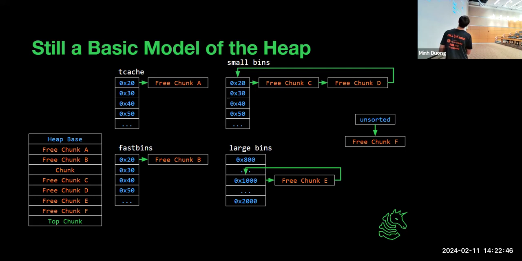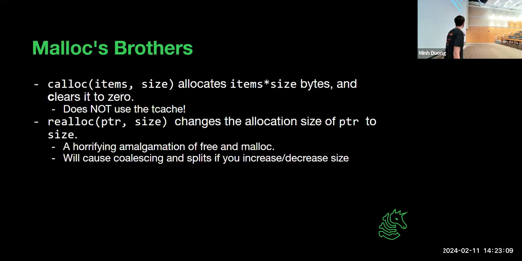But then D will point back to this pointer up where the bin is. Large bins, again, have these separators in terms of what size they store. And then we have this unsorted bin out in the wilderness that will get dealt with on subsequent malloc calls.